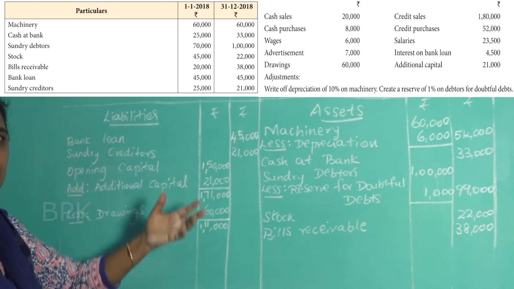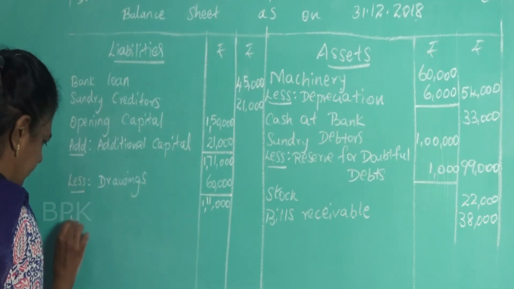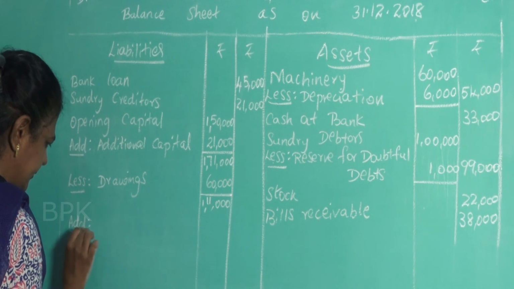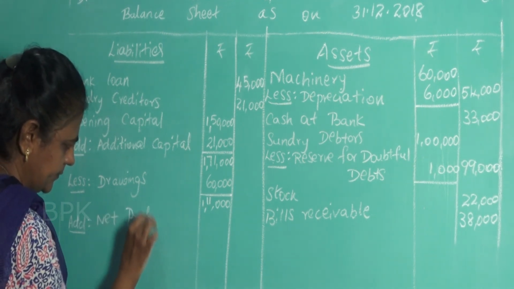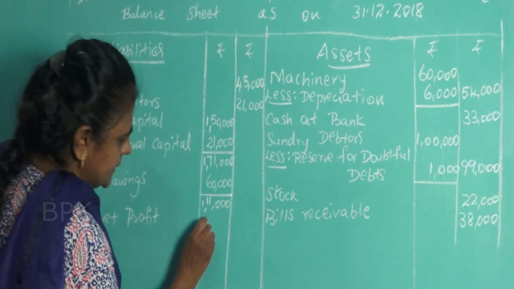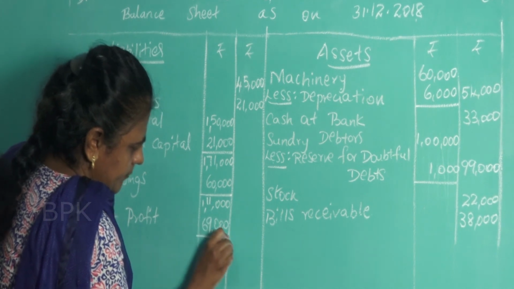Net profit already you calculated in the profit and loss account. From there you bring it now. Add net profit. Your net profit is 69,000. Add that.